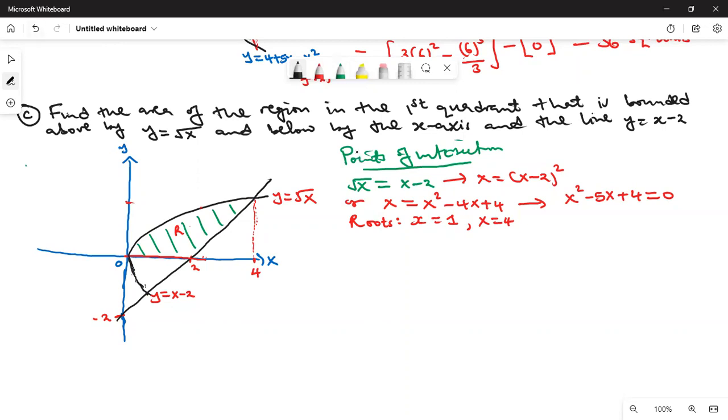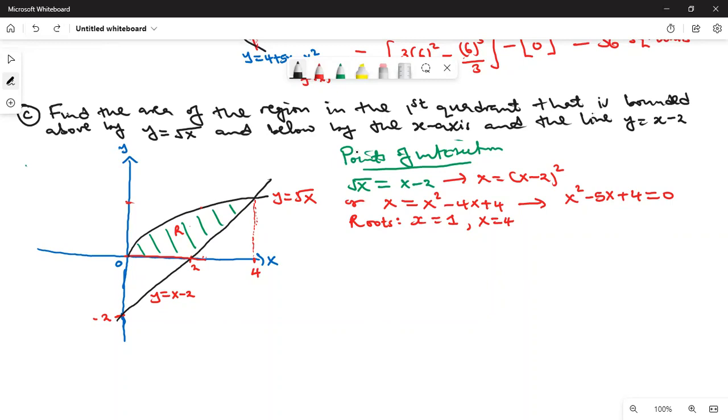So this is the point where x is equals to 1. But I don't need all that, so let me rub it. Rub everything there. I undo. So that's what we have.